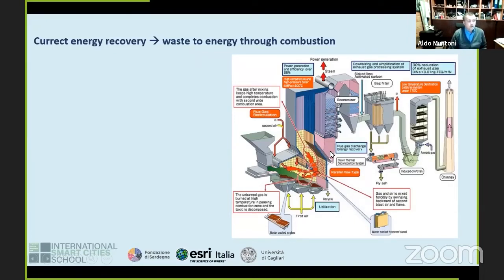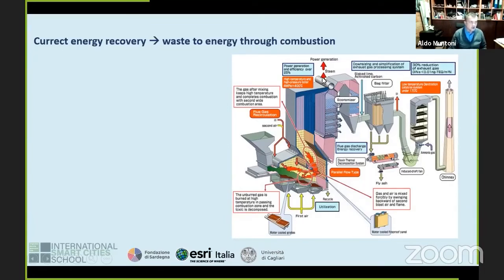and the concept is very easy. We burn the waste, and the combustion gas goes to a boiler. Into the boiler we produce hot steam, and the hot steam is given to a turbine to produce electric energy. And if we want, we can also spill out some steam if we need the steam instead of electric energy.